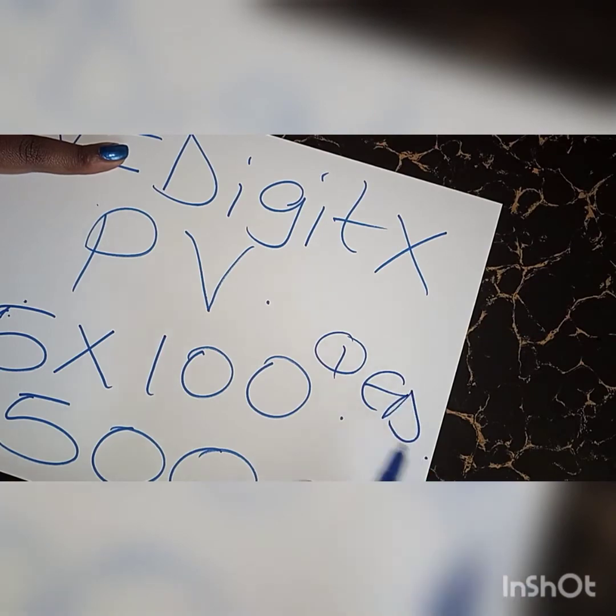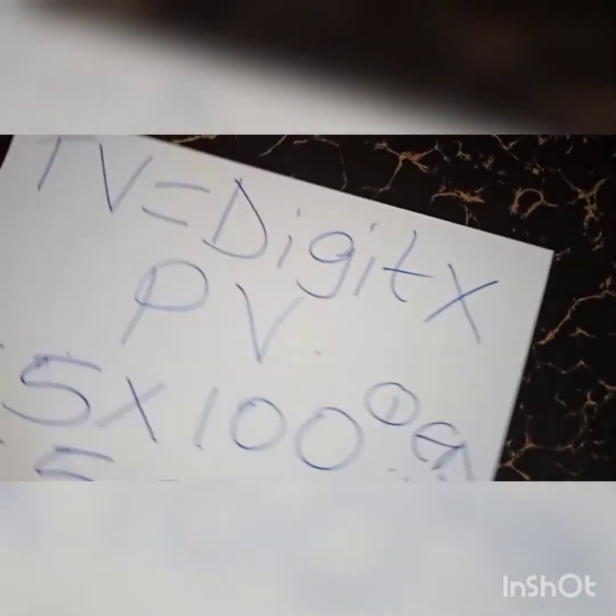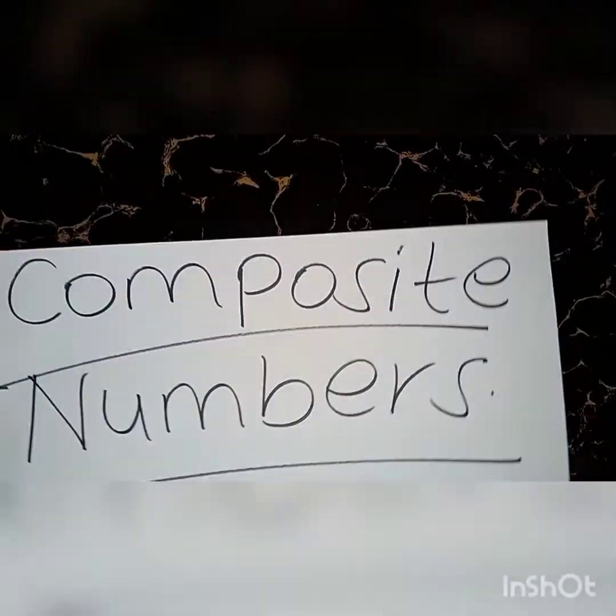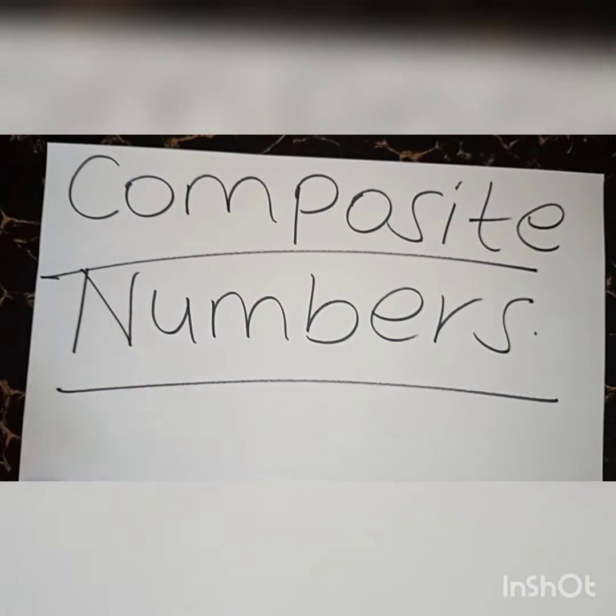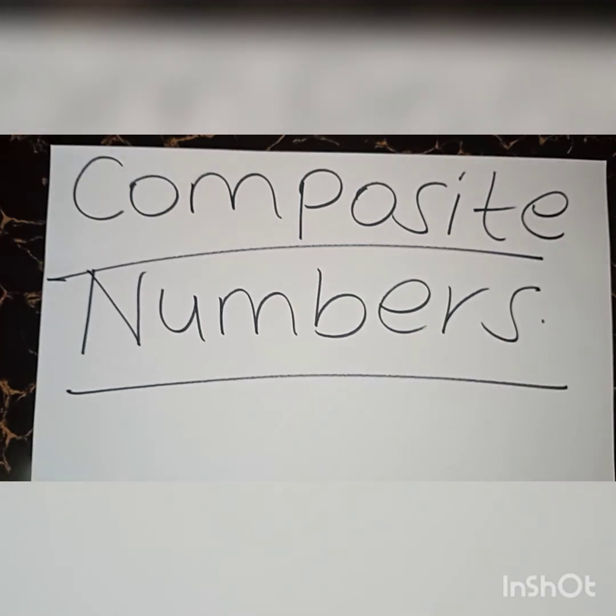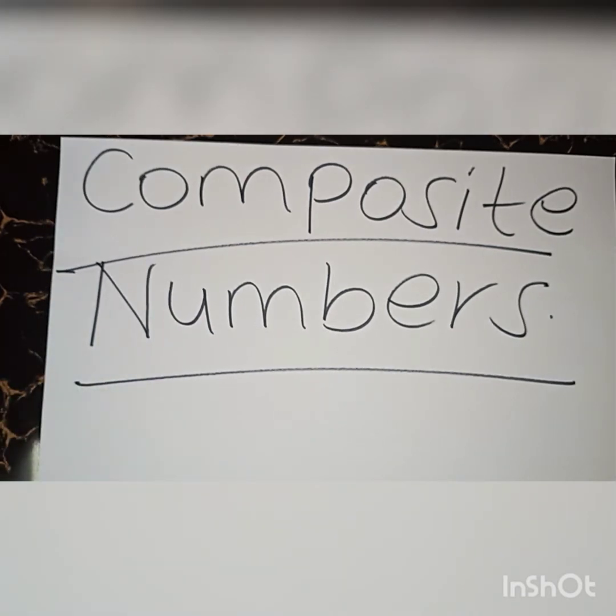Okay? So today I want us to talk about composite numbers. Today I want us to go through composite numbers. What are composite numbers? What is a composite number? That's a mouthful, right? What does it even mean? A composite number is the exact opposite of a prime number.